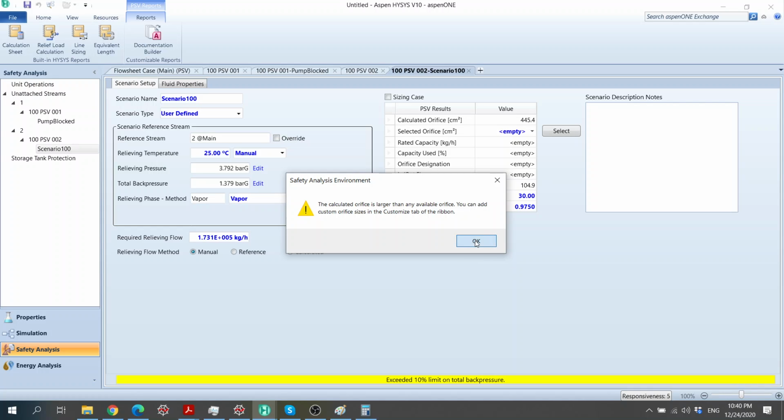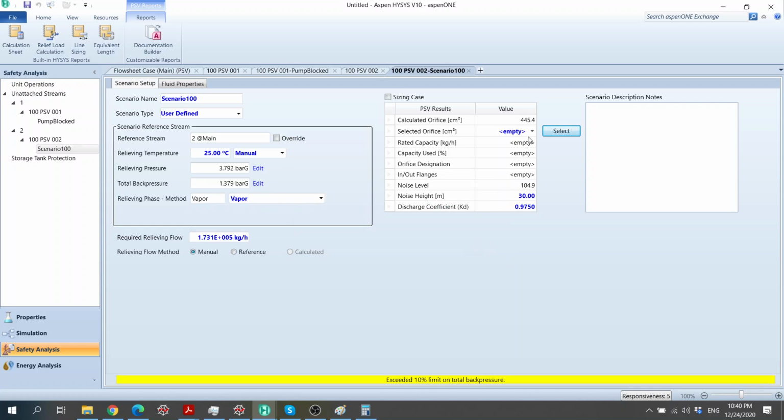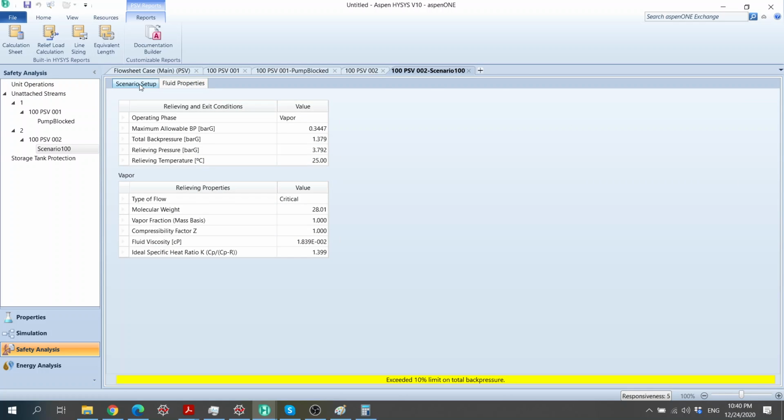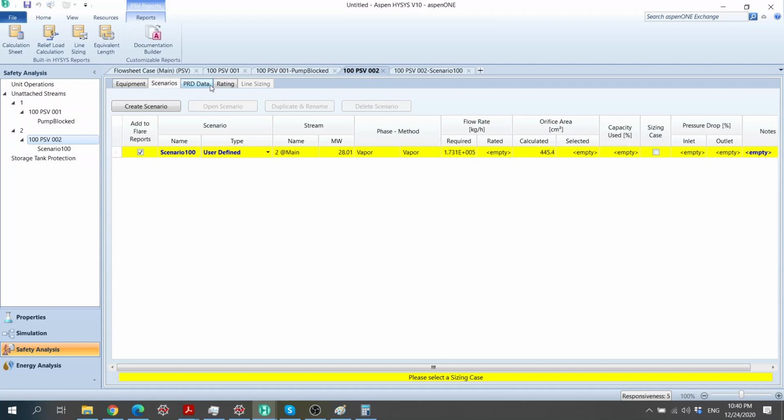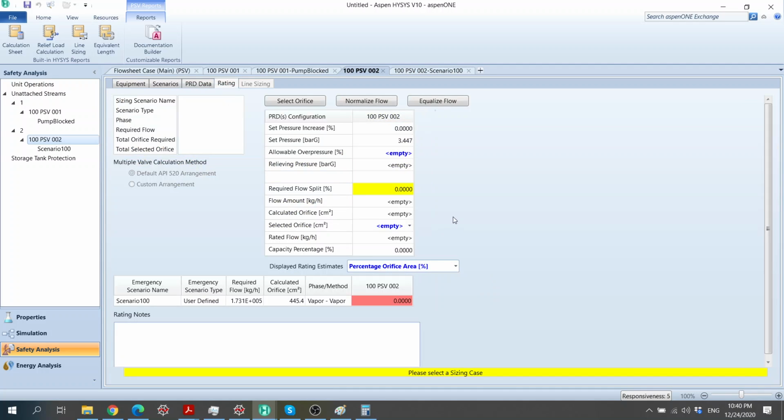See, customize ribbon, customize. Total orifice required.